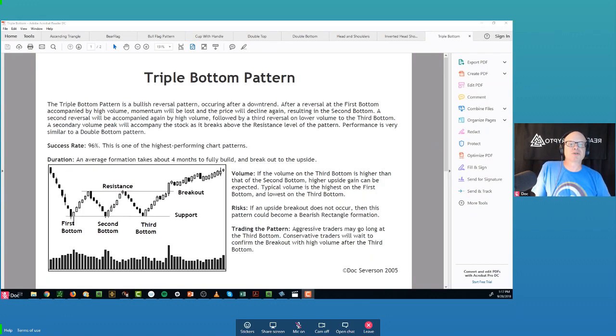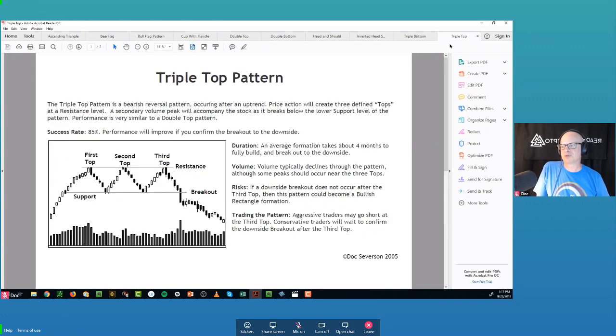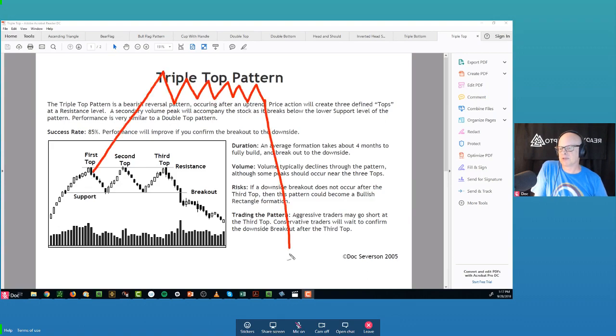Oh, let's see. We've also got triple top. Now this does align with something that I do believe in. One thing that you'll learn from the class I'm doing is that tops are a process, bottoms are an event.